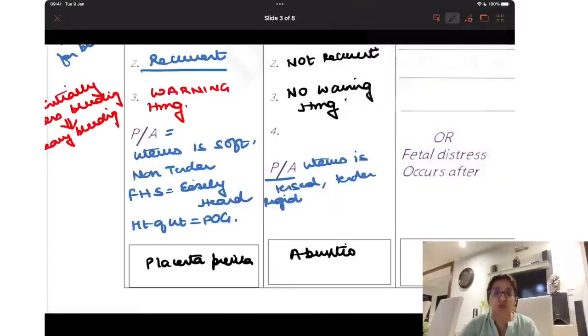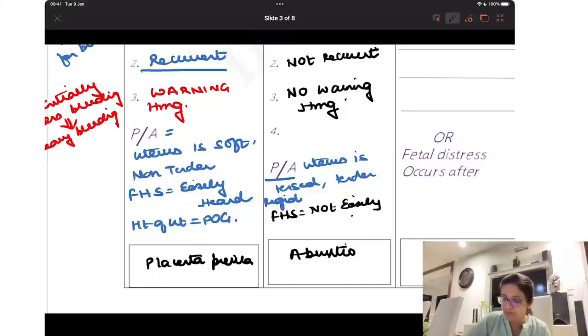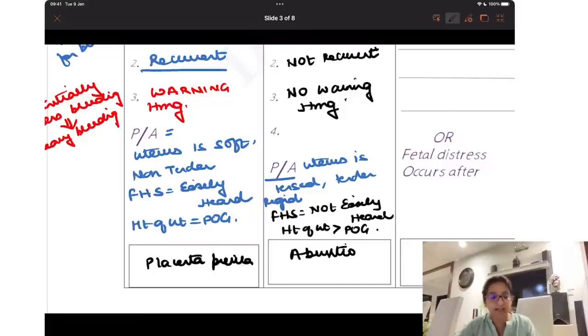And जब uterus tensed होगा, tender होगा, rigid होगा, so common sense tells me that fetal heart sounds are not easily heard, right? And height of the uterus is more than the period of gestation in case of abruptio, right? So these are the per abdominal findings which tell you that you are dealing with abruptio.